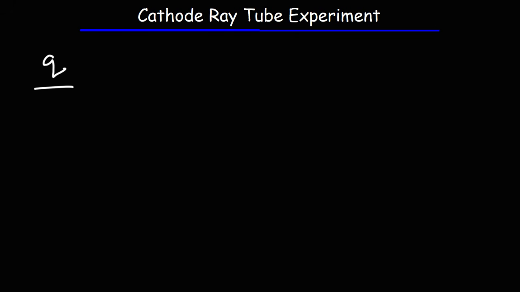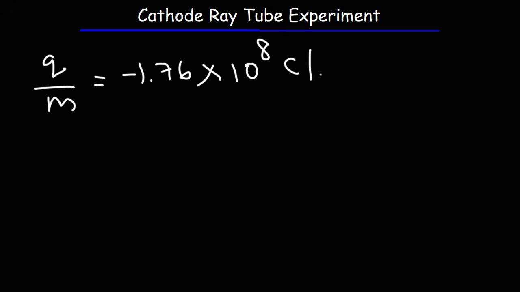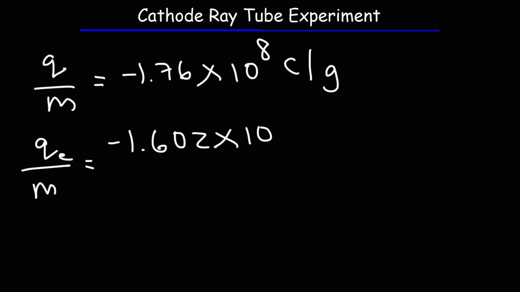J.J. Thomson discovered that the charge to mass ratio of an electron is negative 1.76 times 10 to the 8 coulombs per gram. Now, we actually know the charge of an electron and the mass. He didn't know at the time, but we know what it is. The charge of one electron is negative 1.602 times 10 to the negative 19 coulombs.